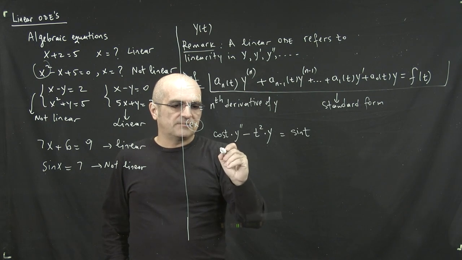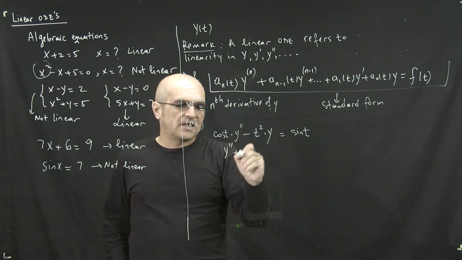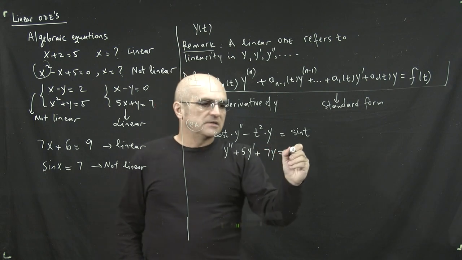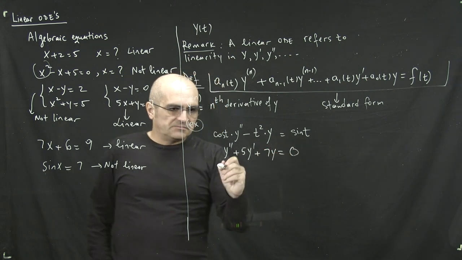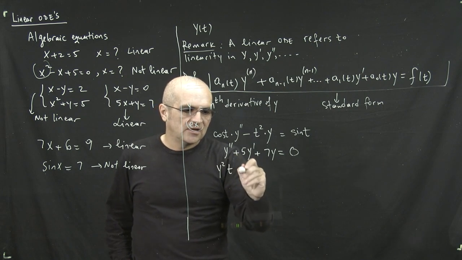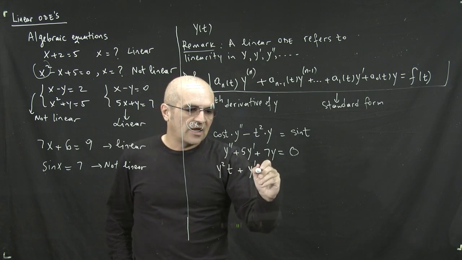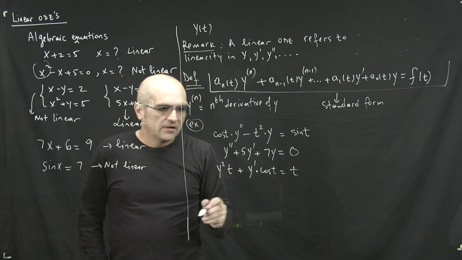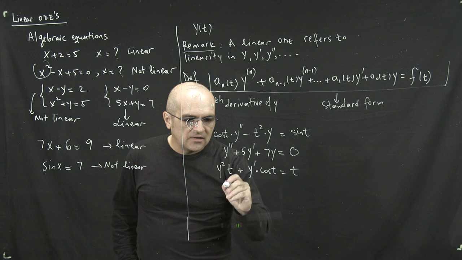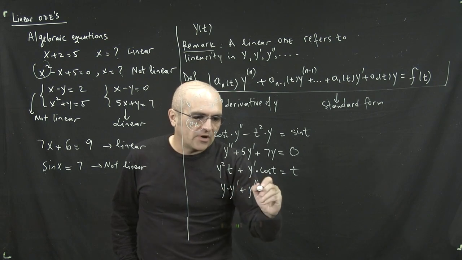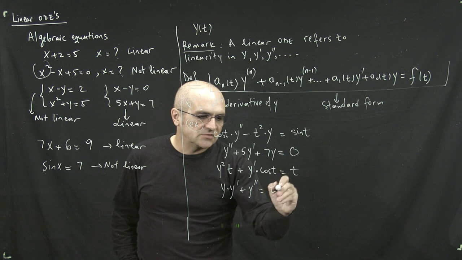Let's say y double prime plus 5y prime plus 7y equals 0. Let's have y squared times t plus y prime times cosine of t equals t. Let's put another one, y times y prime plus y double prime equals t times y.